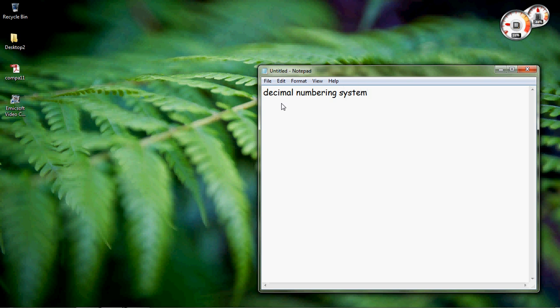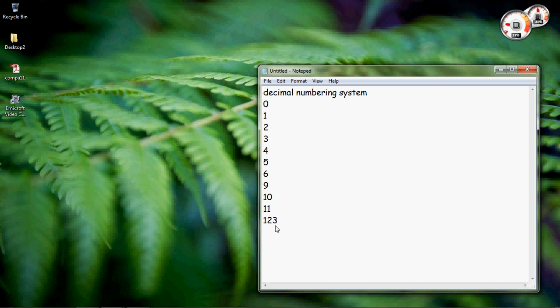In the decimal system we have the digits 0, 1, 2, 3, 4, 5, 6, 7, 8, 9, and we know all these numbers, like 10, 11, 123.